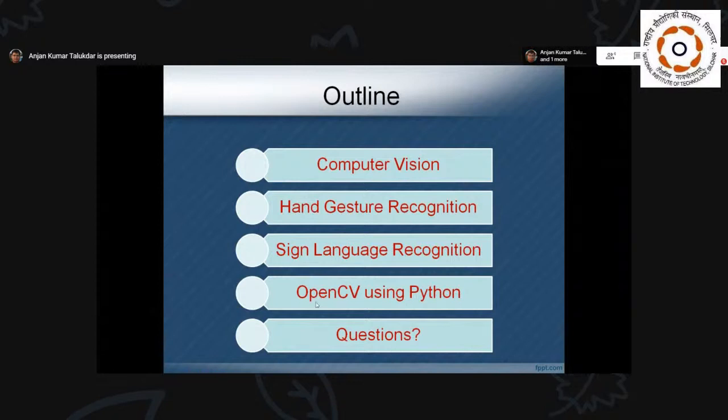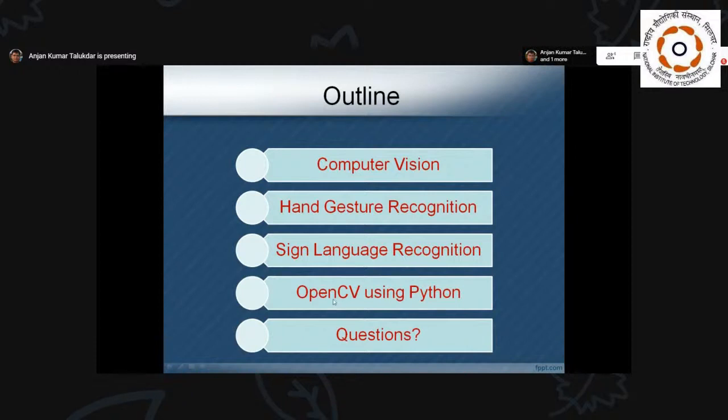Then I'll talk about hand gesture recognition, which is nowadays a prominent technology for human-computer interaction. Then I'll talk about sign language recognition, which is one of the major applications of hand gesture recognition.